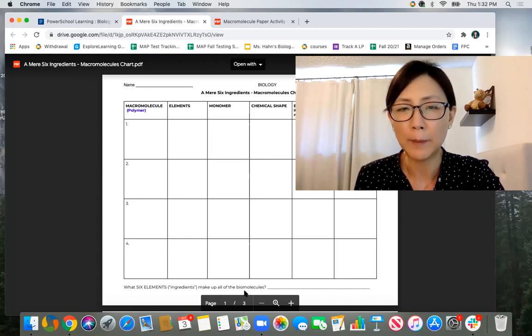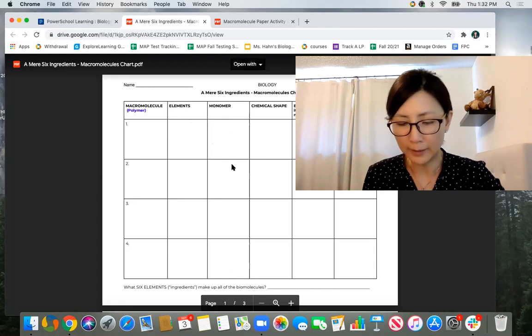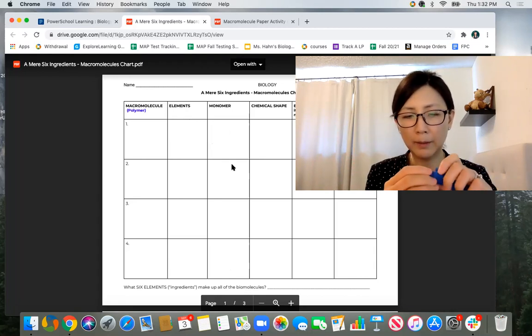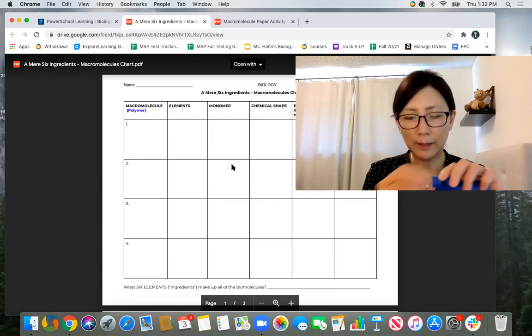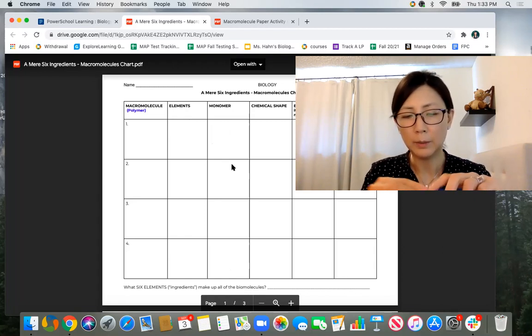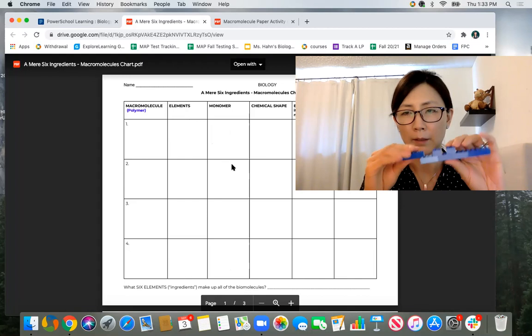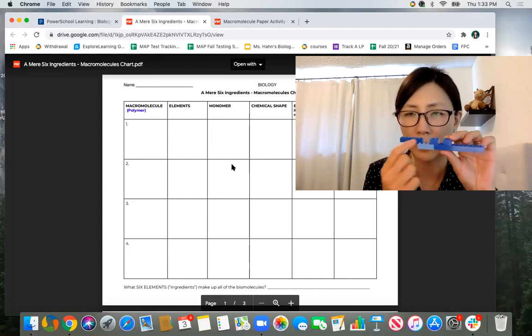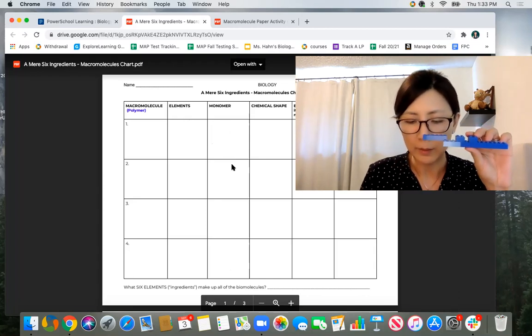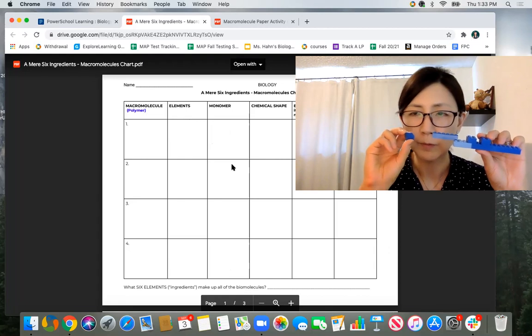Here you're going to mention what the monomer or the small unit is. So for instance, if this is my carb, and carbs are made out of lots of monomers, this is actually a polymer because there's many pieces, many subunits, that make this up, and this would be a monomer.